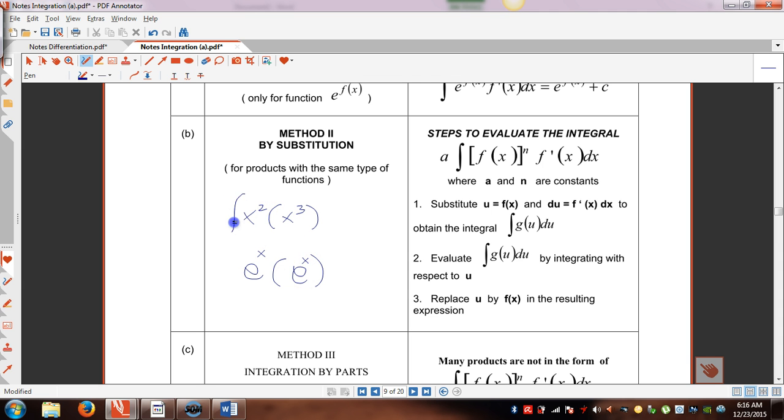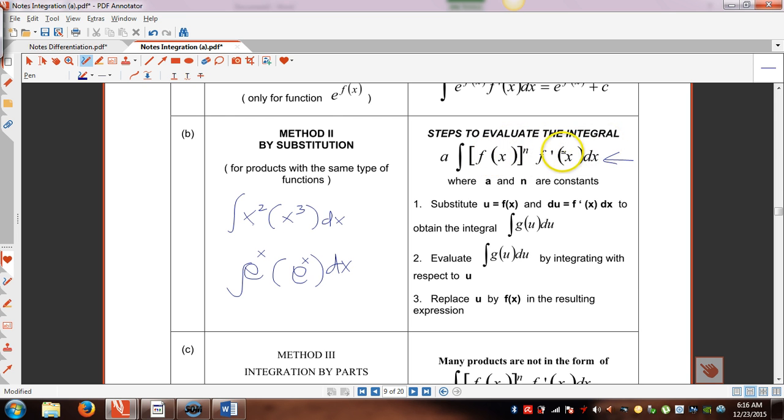So the integrand should be in the same type of function. We have u times v, so we have the same x or same function of x.